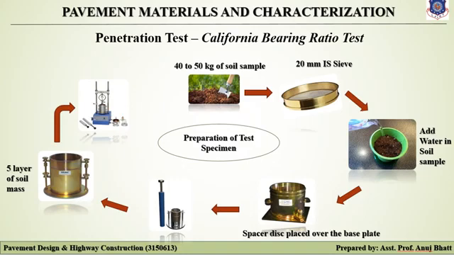When the mold is pushed sufficiently deep, that is filled with the soil in place, the soil under the mold is dug and the mold with the soil sample inside is removed. Now excess soil from top and bottom surface of the mold are trimmed off by means of the straight edge. The weight of the mold with undisturbed soil sample inside is determined.